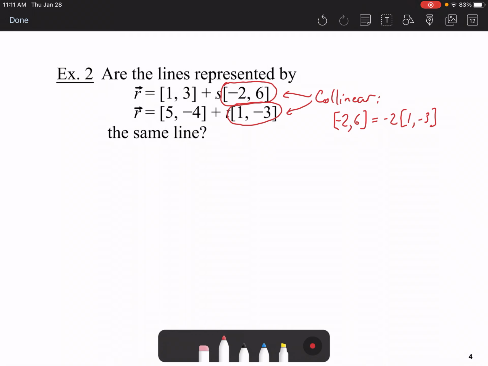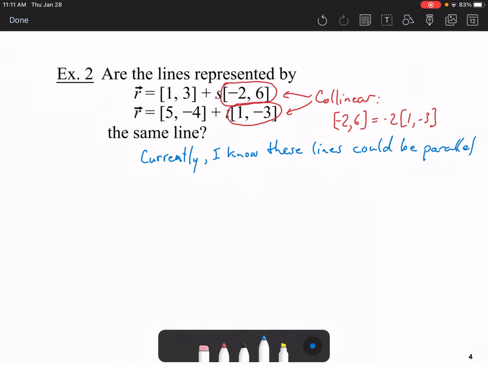I just need to determine if it's the same line or different lines. So currently I know these lines could be parallel, could be the same.